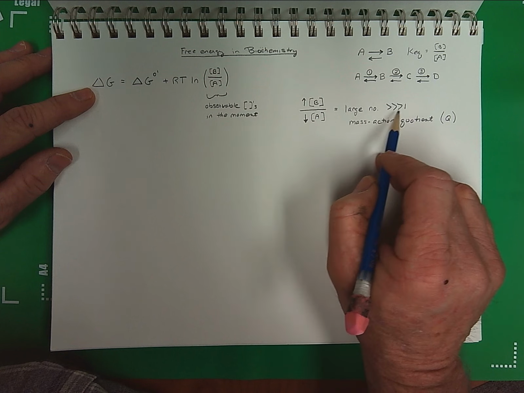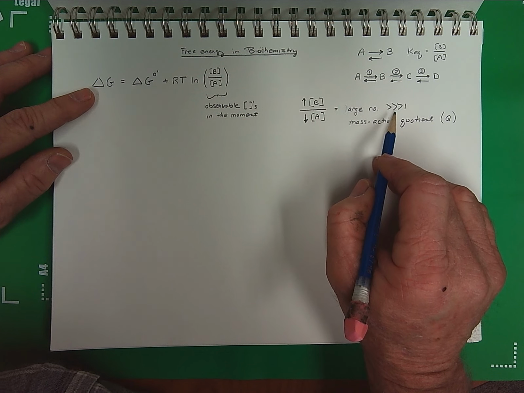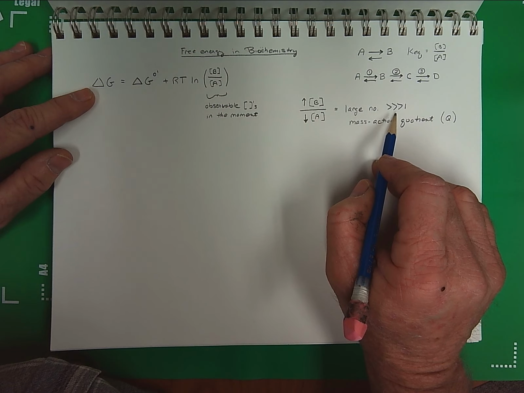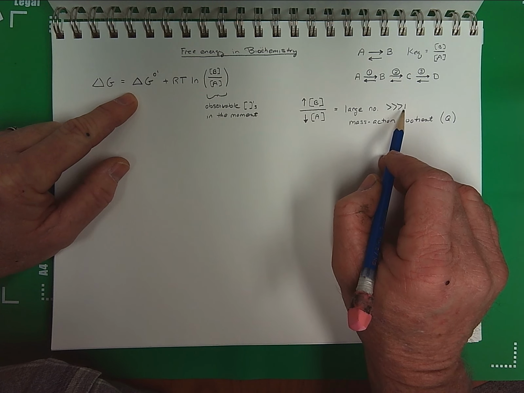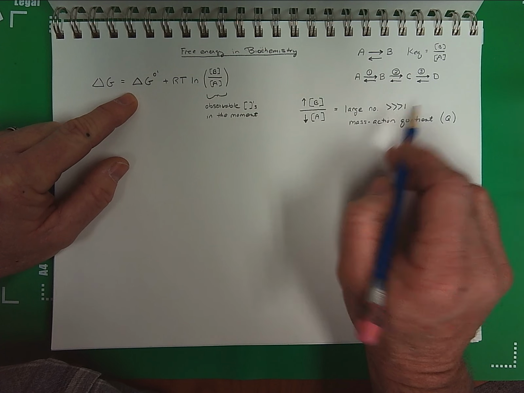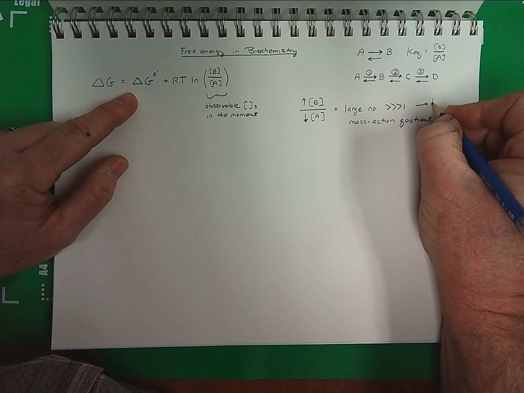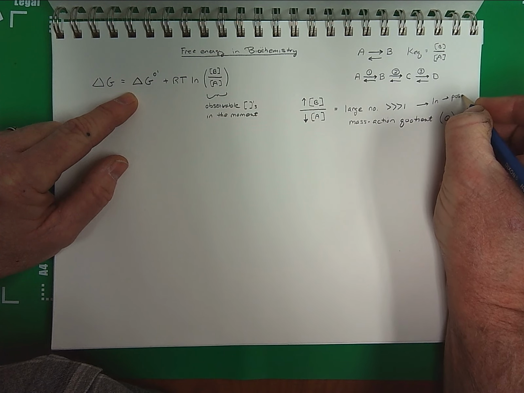Now, if we have a large value here that is much greater than 1, if we place this into the equation to calculate the natural log of the number that is much greater than 1, this is going to end up being a positive value.